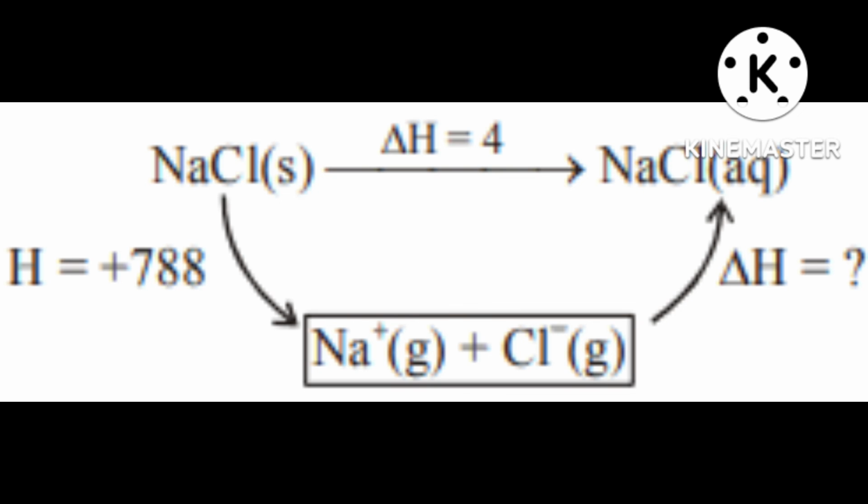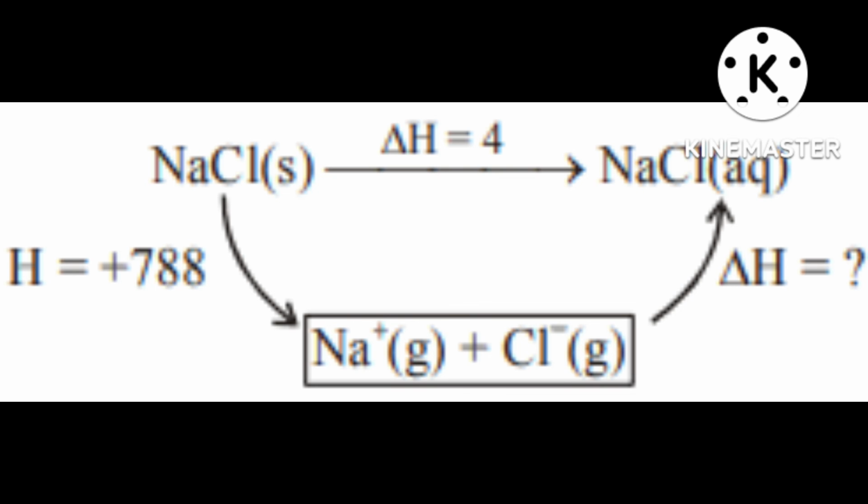This you have calculated: plus 788 is the lattice energy, plus 788 kilojoule per mole. And for hydration energy it is minus 784. Minus means heat is liberated when water molecules come around the ion for hydration purpose; then heat is released.